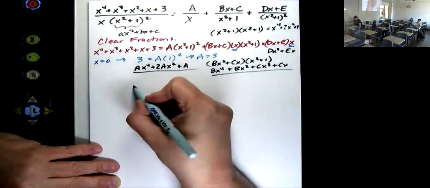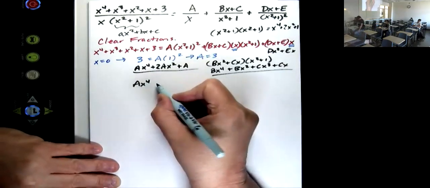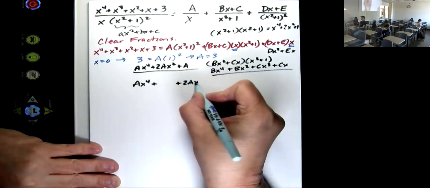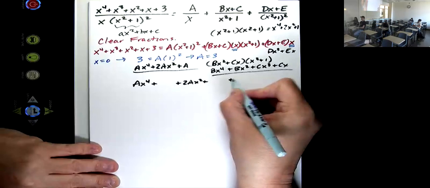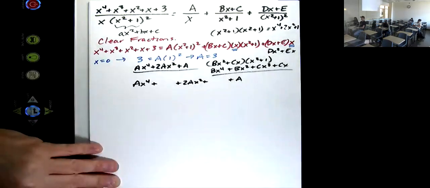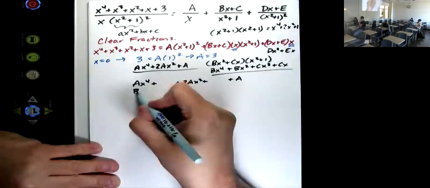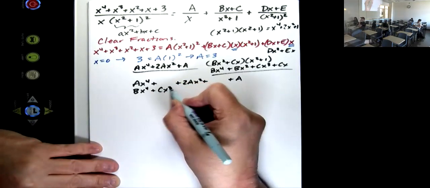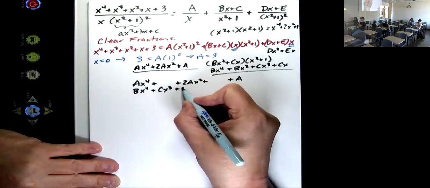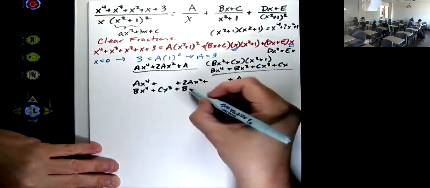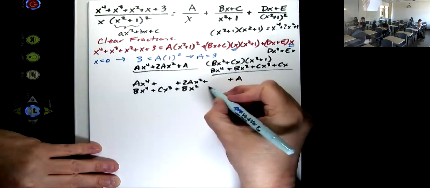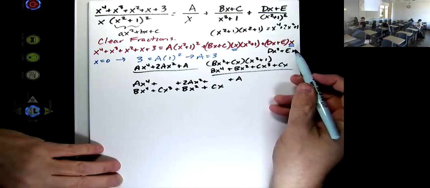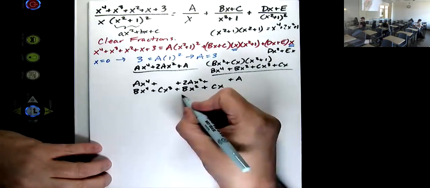So let's start lining these up. That's my A set. My B set is like this. And my Dx squared plus Ex is like this.